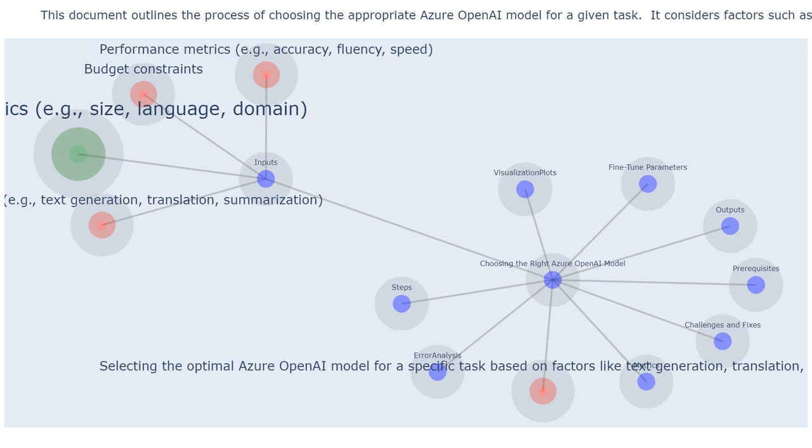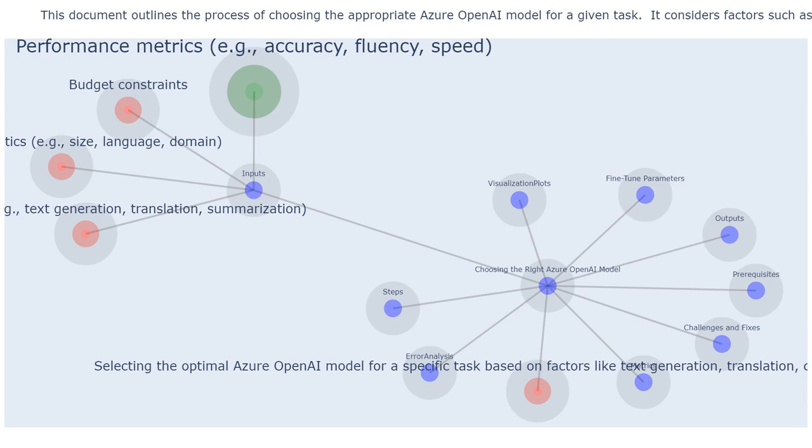The characteristics of the data that will be used to train or interact with the model. This includes factors like the size of the dataset, the languages involved, and the specific domain or subject matter. The metrics that will be used to evaluate the model's performance.